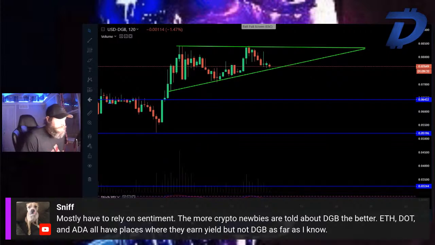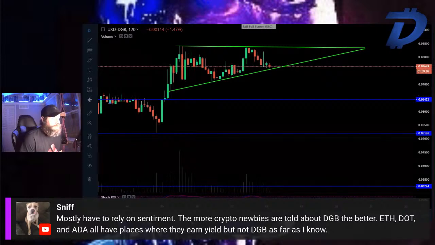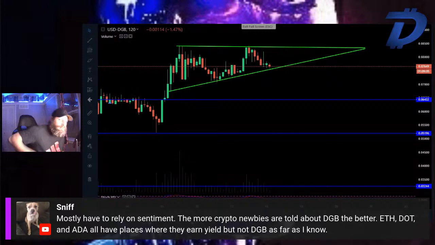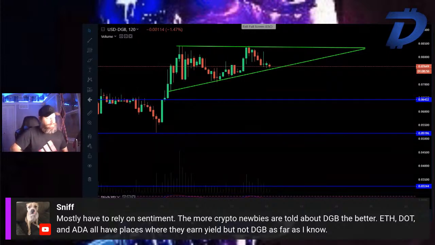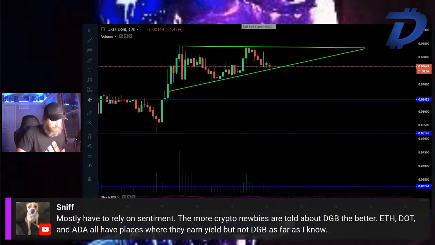Or if Celsius would ever have people on their platform demand DGB, we would be on there. I guess that's more like a bank swap exchange kind of thing. So there could be that, but definitely REN DGB found out that wrapped BTC can be used for yield as well. Could be tied with Bancor or things like that. Bancor's looking good too, guys.